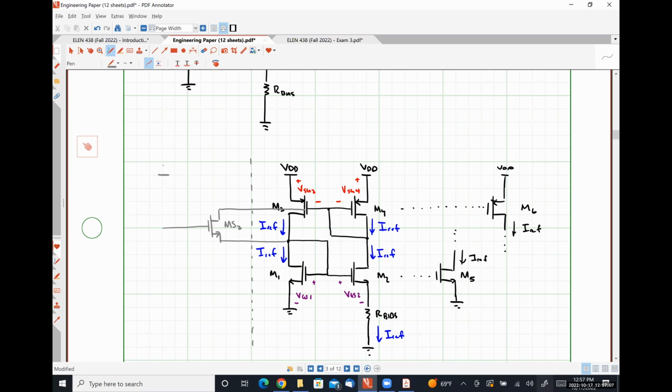Over here, we have a PMOS transistor that is going to be diode connected. This will be MS2. Typically, this guy is long length.